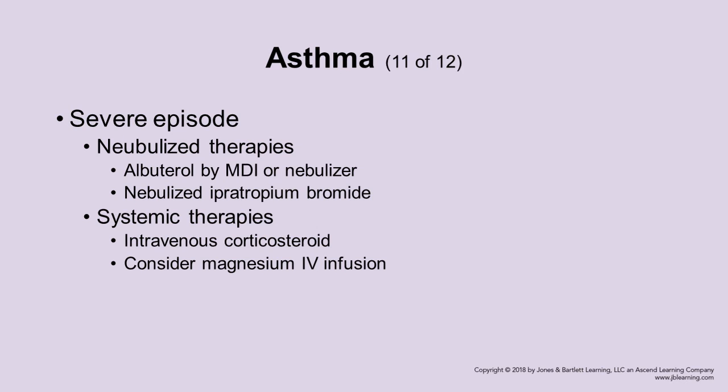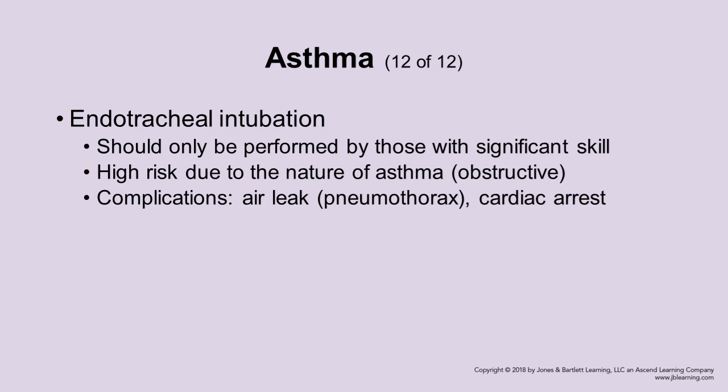Now, patients with asthma who have respiratory failure or respiratory arrest may sometimes require endotracheal intubation. This is a high-risk proposition, unfortunately, because it has to be performed by a skilled operator. And because of the very nature of asthma, where you have bronchoconstriction and difficulty getting air out rather than air in, putting a patient on a positive pressure ventilator necessarily isn't a great idea.